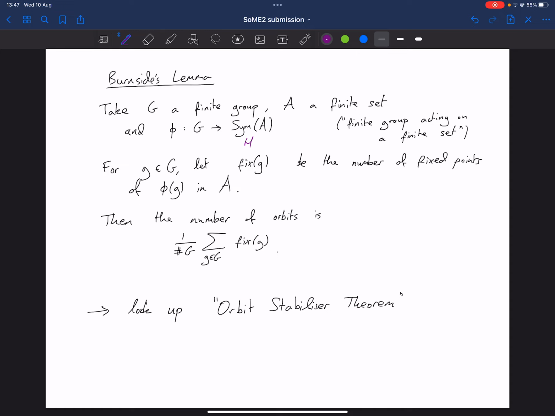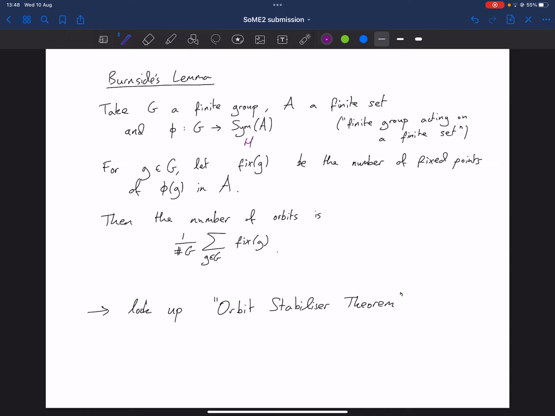If you would like to fill in some of the details at the beginning, so in particular, why is it the case that inside an orbit the elements of our subgroup H, or in fact our group G, are split into subsets of equal size, based on where the permutation is sending a particular element of our orbit.